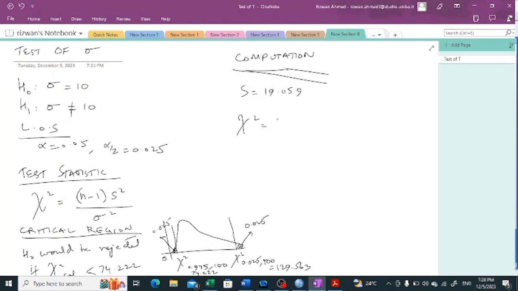Now we substitute in the formula. N is 100, so 100 take away 1, times 19.059 squared, divided by 10 squared. This is the sigma mentioned in the H naught, and we will raise it to square so that we can compute the value of the chi-square statistic.